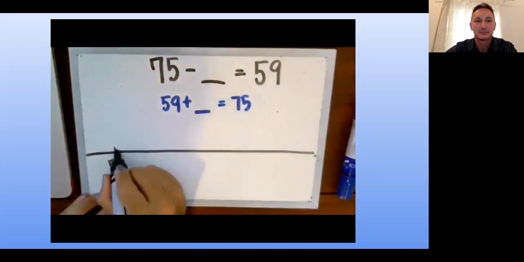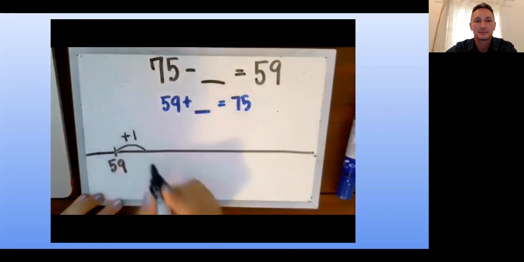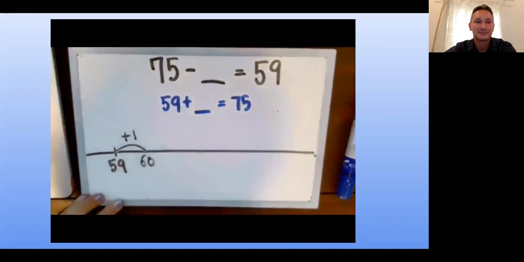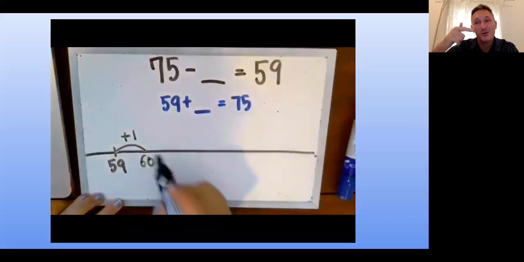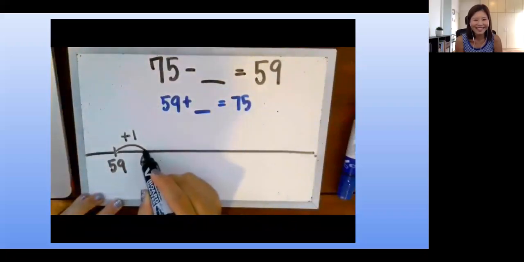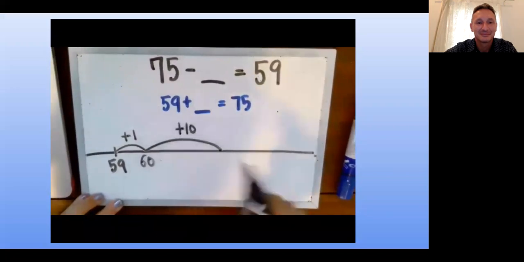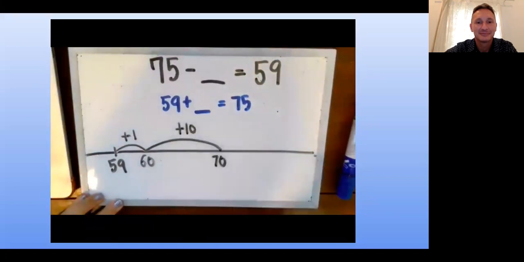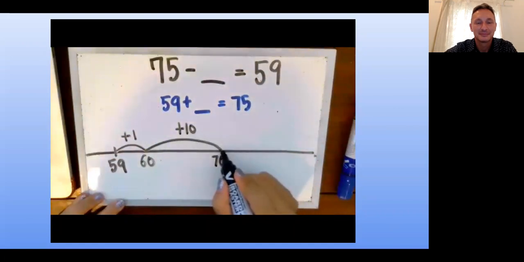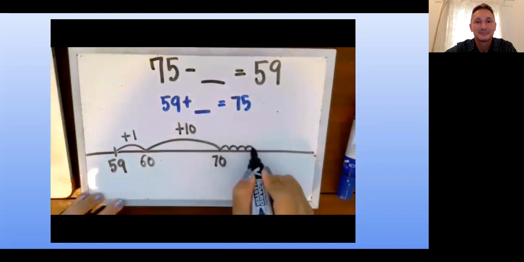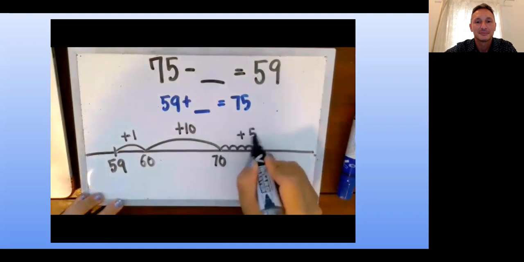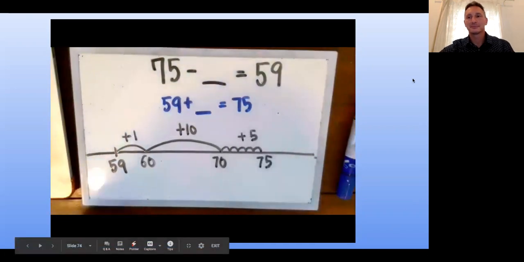Then I'm going to hop 1 because I want to get to that closest 10, which is 60. After that, I am going to do a 10 hop to get to 70. Finally, I'm going to do 5 little hops to get to 75.